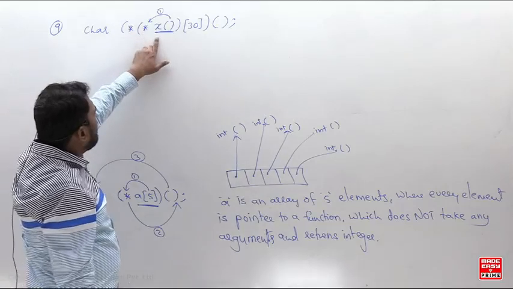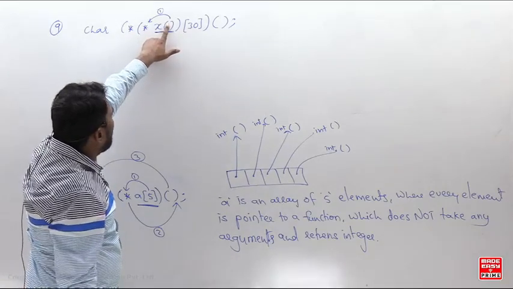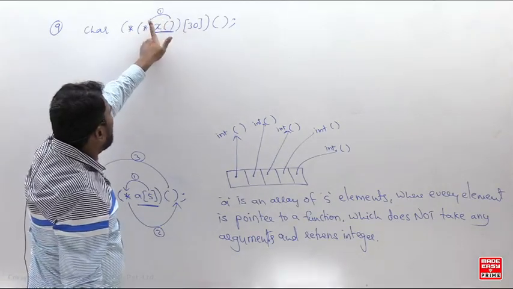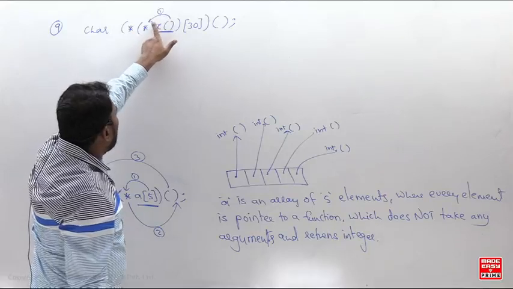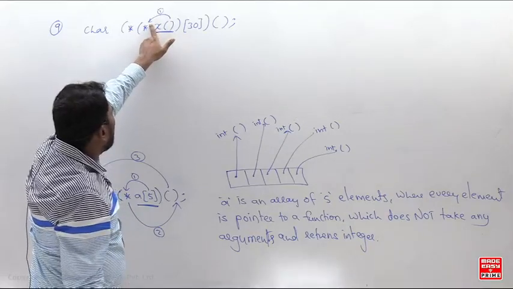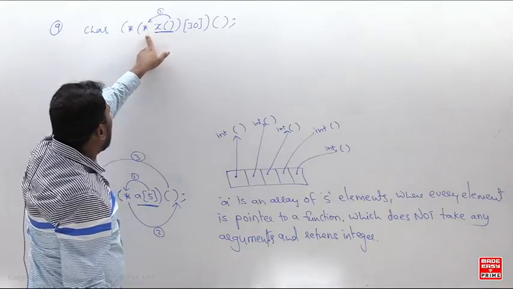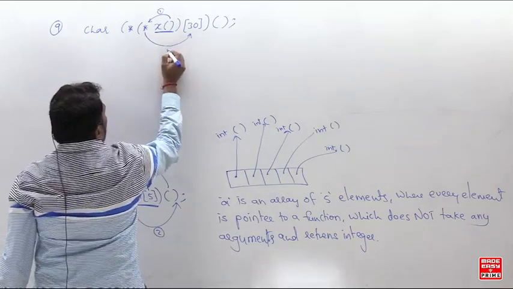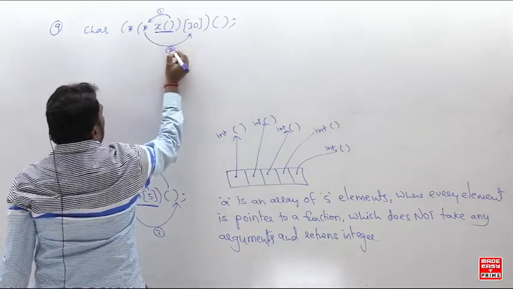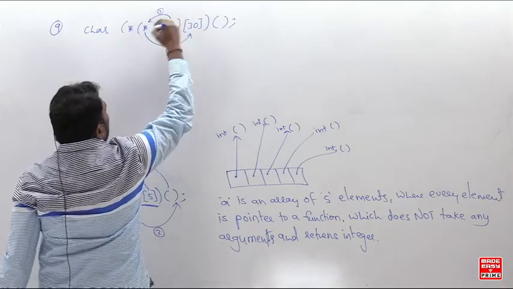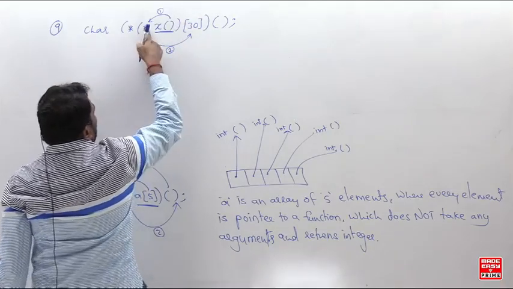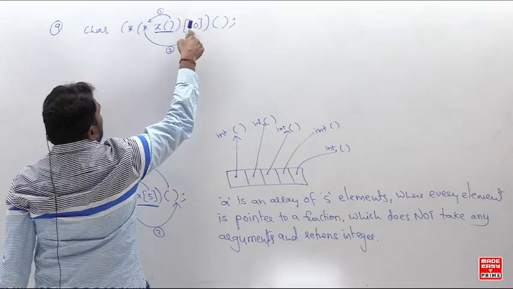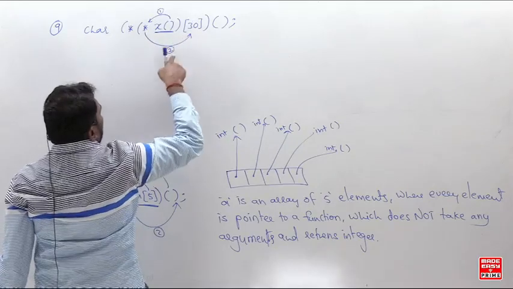X is a function which is not taking any arguments, and it is returning a pointer. Is this pointer pointing to anyone? Yes, this pointer is pointing to an array of 30 elements.